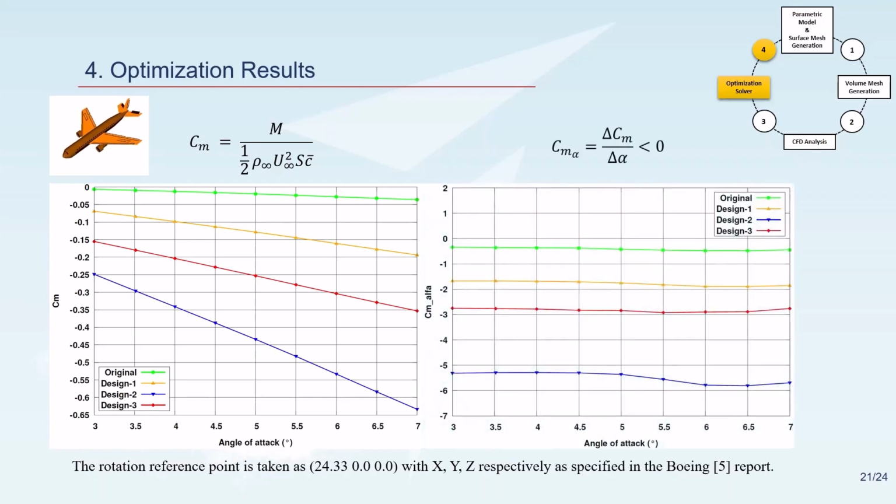Therefore, the value of Cm alpha is expected to be negative for stable aircraft. You can see in the right graph, the pitching moment coefficient increases negatively and the aircraft makes more nose-down pitching motion. It can be said that the new designs are statically more stable than the initial geometry.